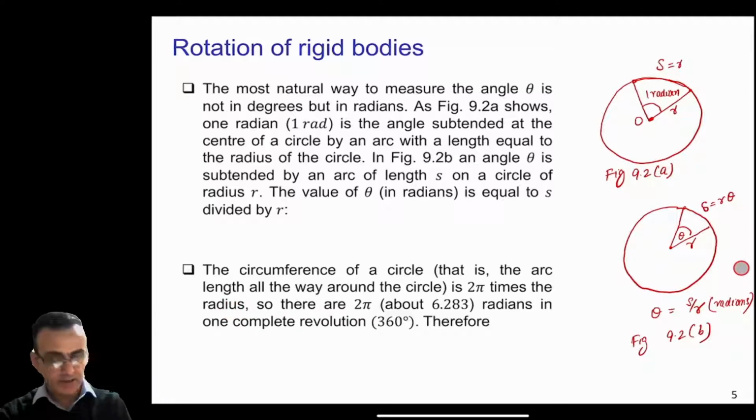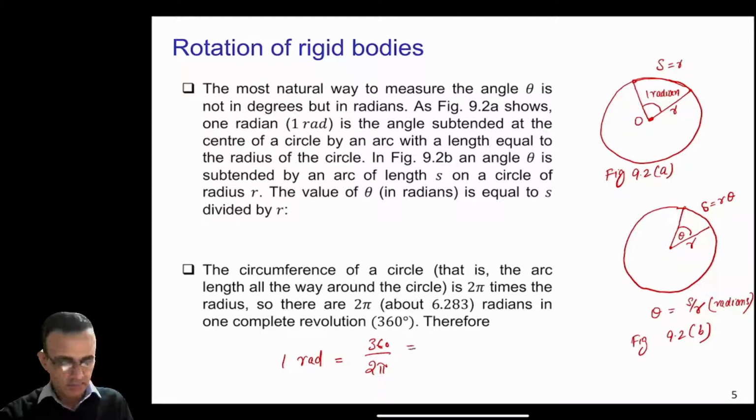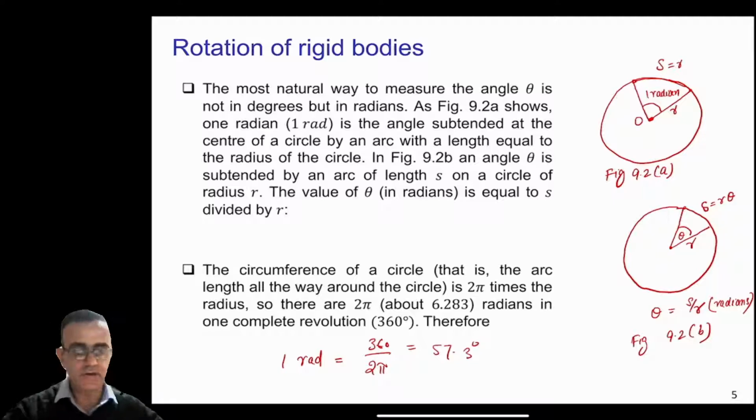So there are 2 pi, about 6.283 radians, in one complete revolution, which is 360 degrees. Therefore we can write that 1 radian is equal to 360 divided by 2 pi, which is about 57.3 degrees. So 1 radian is about 57.3 degrees.